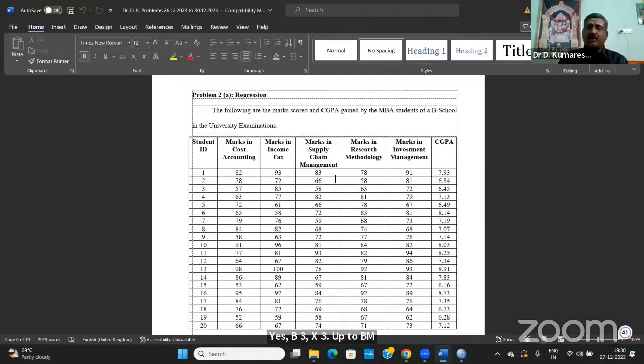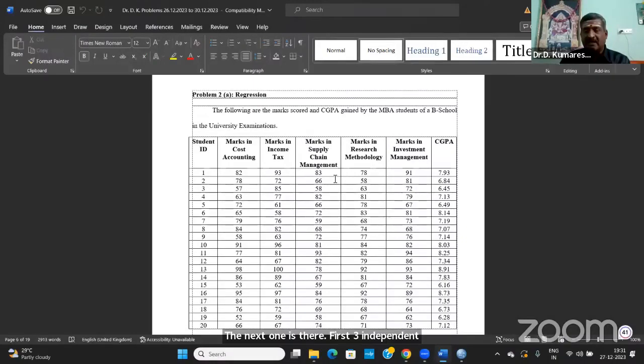So here, once again, a is the constant. b1 is the coefficient of x1. x1 is the first independent variable.